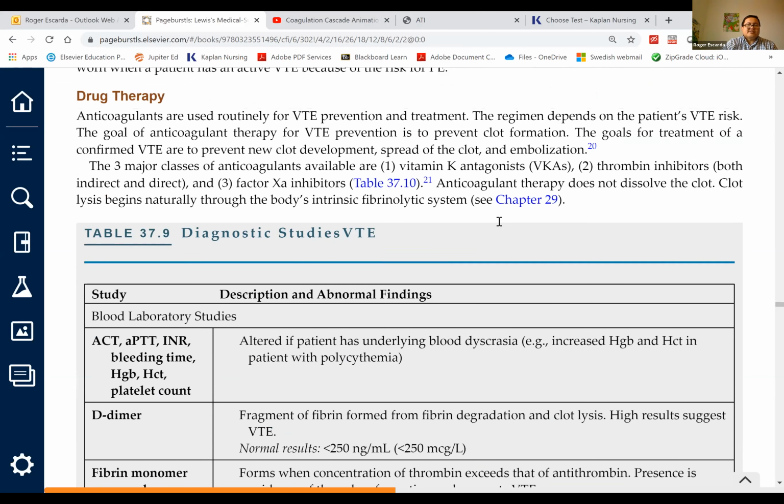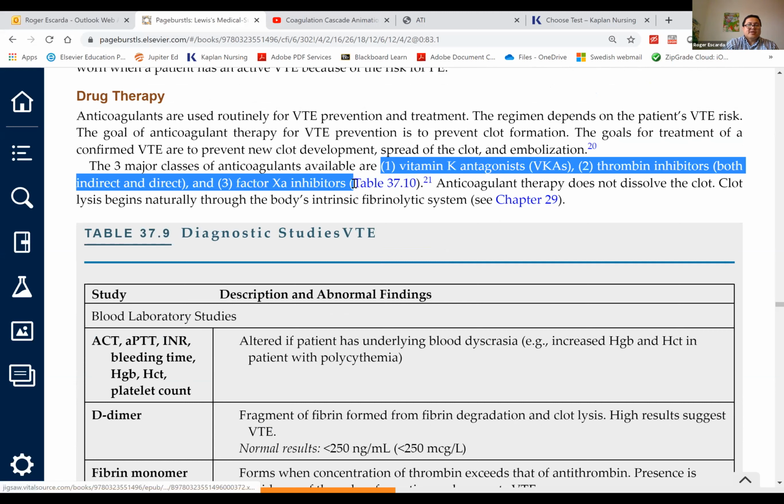For high-risk patients, now we administer anticoagulants. There are three main anticoagulants used for DVT. It really depends on whether we are preventing DVT or treating a DVT. There are three drug classes. Vitamin K antagonists: that's warfarin, that's Coumadin.